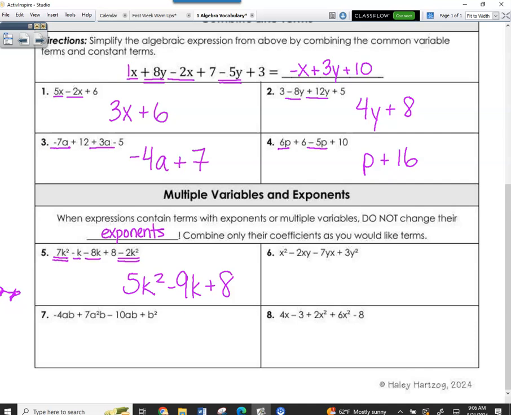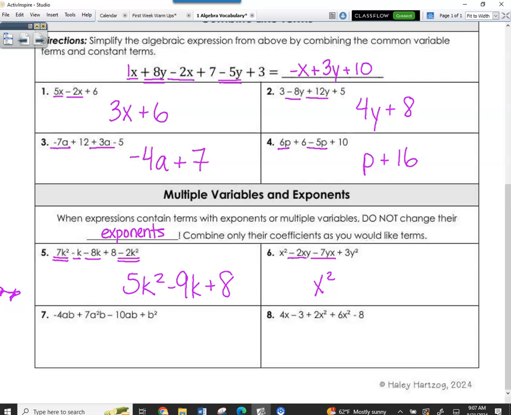Does x squared combine with anything? No, not at all. Bring it down. We got negative 2xy minus 7yx, negative 9xy. You might think they don't combine, but they have the same letters, the same variables, and the same exponents. The order's just been switched, and that's okay.